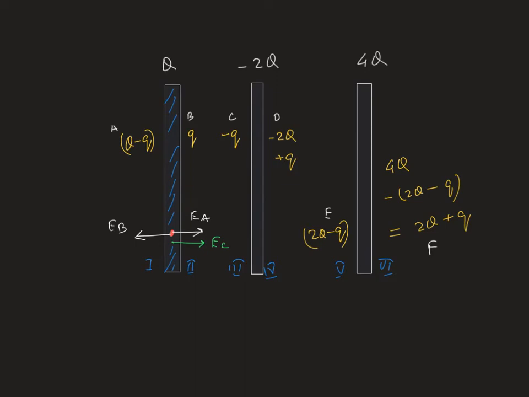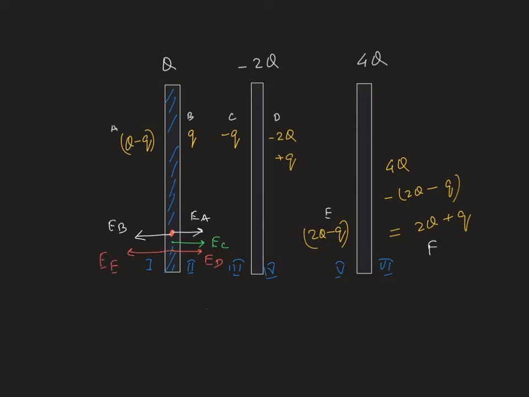Coming up to the charge D here, what are we going to assume? This is minus 2q plus q, so we'll take this charge as negative, so field due to a negative charge is definitely towards, so we'll call this as ED. And if this is negative, then this is definitely positive, and the field due to a positive charge is definitely away, so I'll call this as EE.